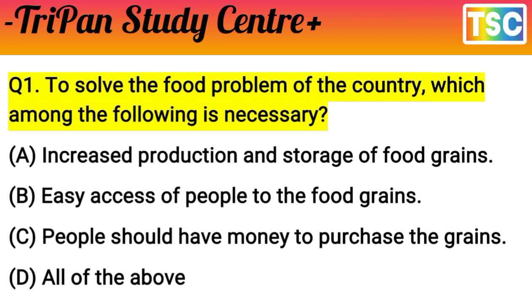Option A, increasing the production and storage of food grain, yes, it is important. Option B, easy access to food grain, yes, it is also important. Option C, people should have money to purchase the grain, yes, it is right. So option D is correct.